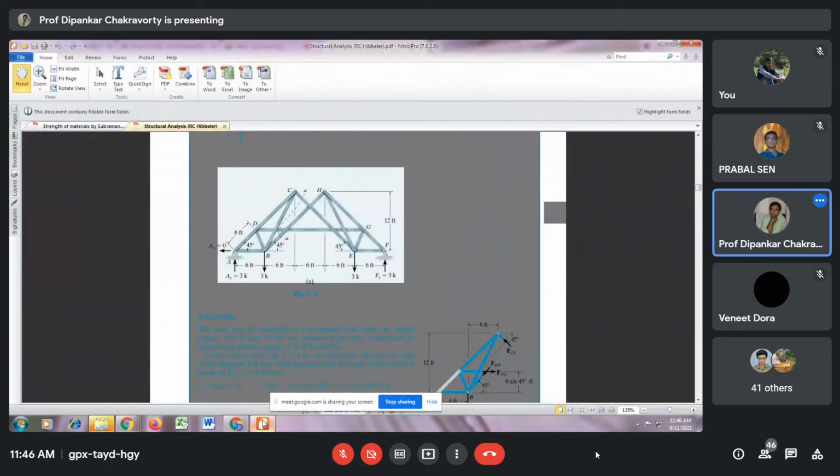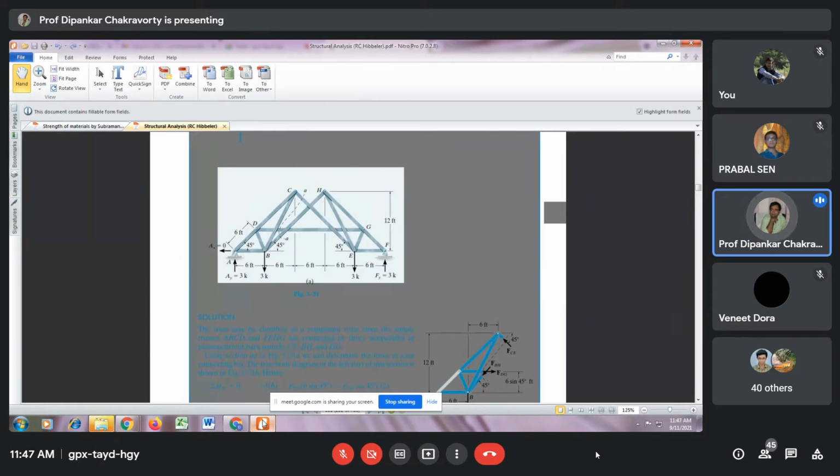If you have J joints, then you have 2J equations. So M plus R is the total number of unknowns, 2J is the total number of equations, and therefore M plus R minus 2J is the degree of total, or overall, indeterminacy.